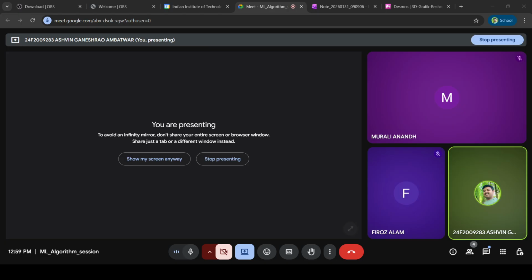Correct. But generally, for our cars and all, we don't need a high resolution camera, because you are not there just for recording.